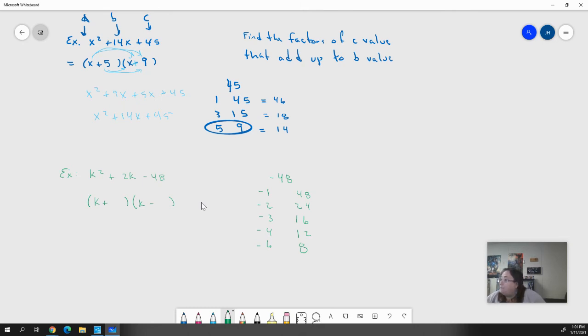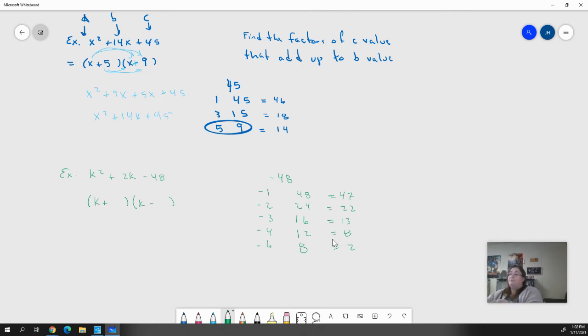I believe those are all of my factors, because 12 we've already gotten to. So I'm going to look at these and ask which of these add up to 2. Minus 1 plus 48 is 47. Minus 2 plus 24 is 22. Minus 3 plus 16 is 13. Minus 4 plus 12 is 8. And then we've got minus 6 plus 8, which is 2.